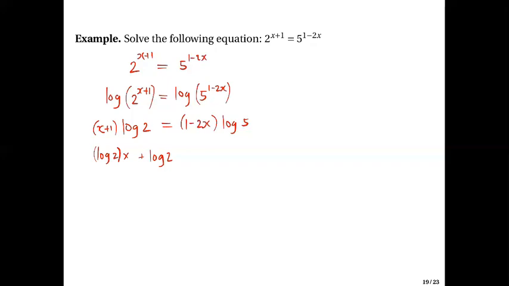On the other side, the same thing. We distribute log 5. So log 5 times 1, we have log 5. And then minus 2x times log 5. So what I'm going to do is to put the x, the variable x, on the right side, just like this guy here. So I will have 2 log 5 quantity x.